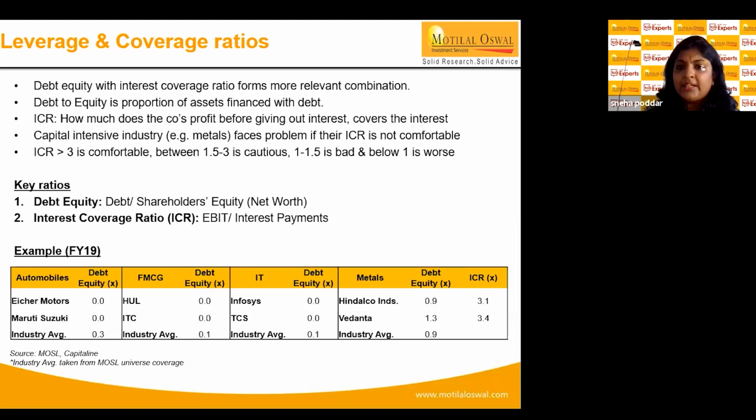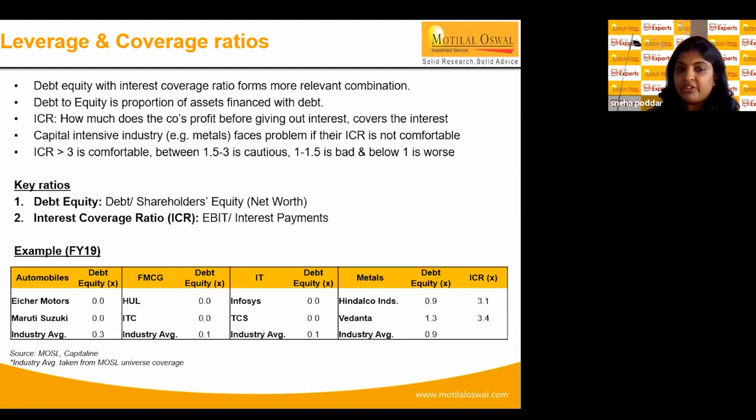In that case, it's a red flag for investors, and one should dig deeper and understand why the company requires so much debt. As I said, debt-equity less than one is a good healthy sign, and if it's a debt-free company, nothing like it.